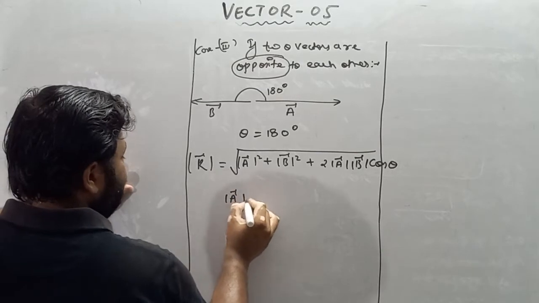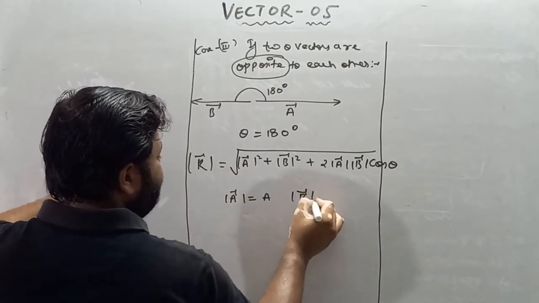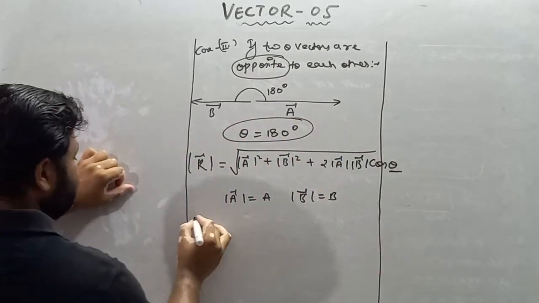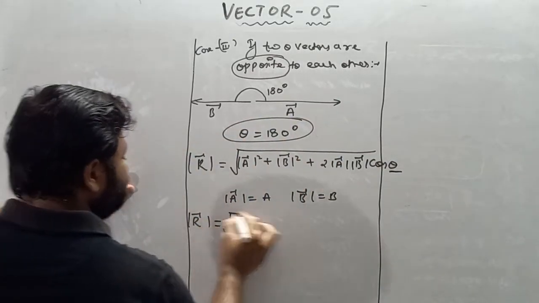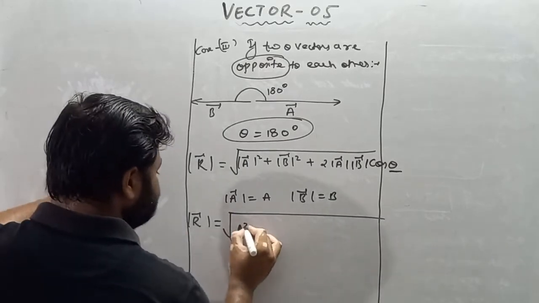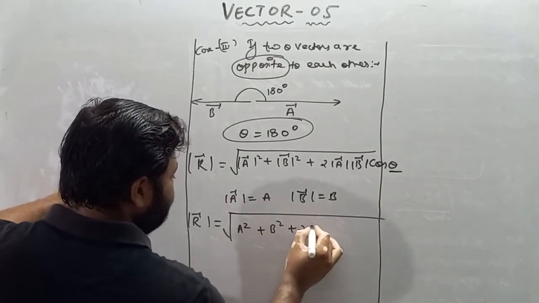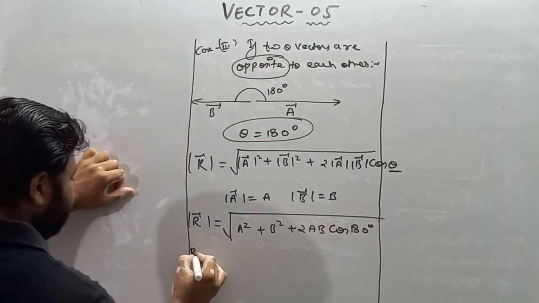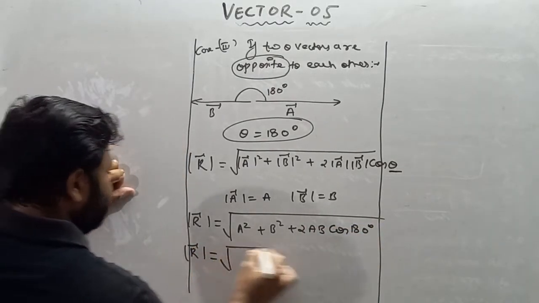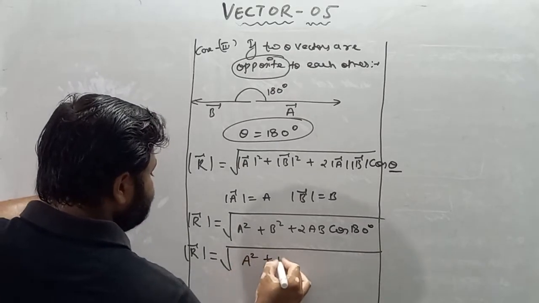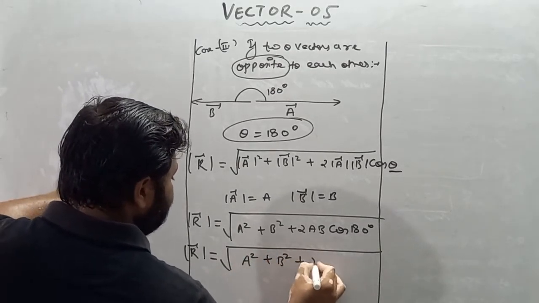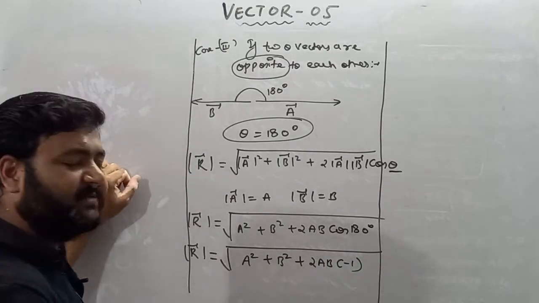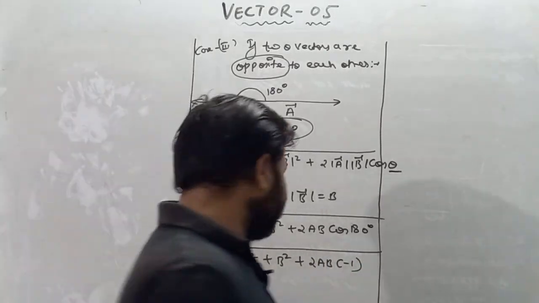And we know that magnitude of A vector is A and magnitude of B vector is B. So instead of theta, write 180. So the resultant magnitude is under root A square plus B square plus 2AB cos 180, and we know that cos 180 is minus 1.